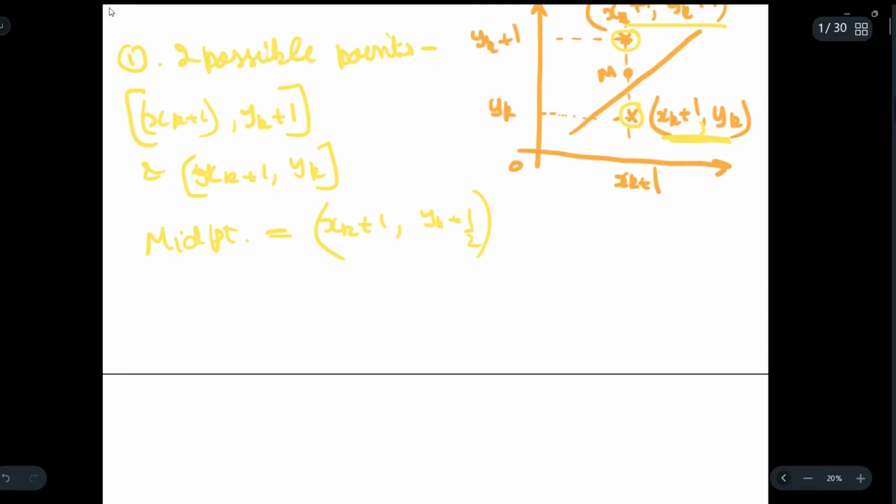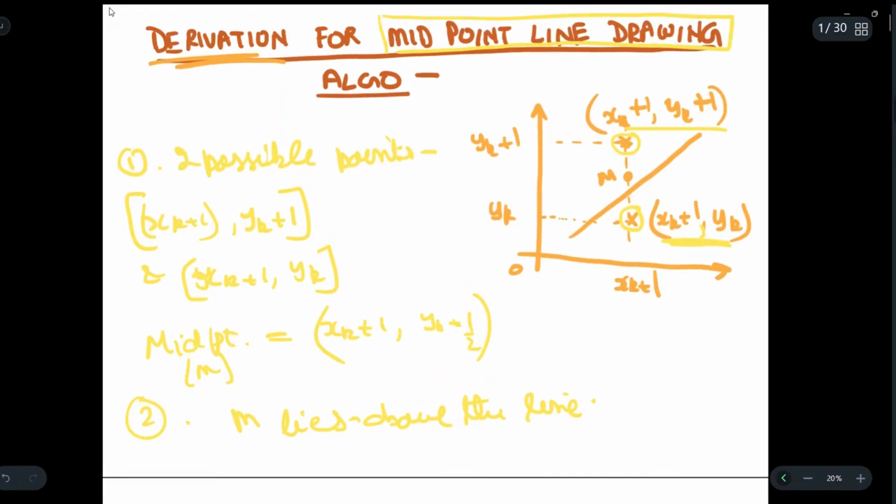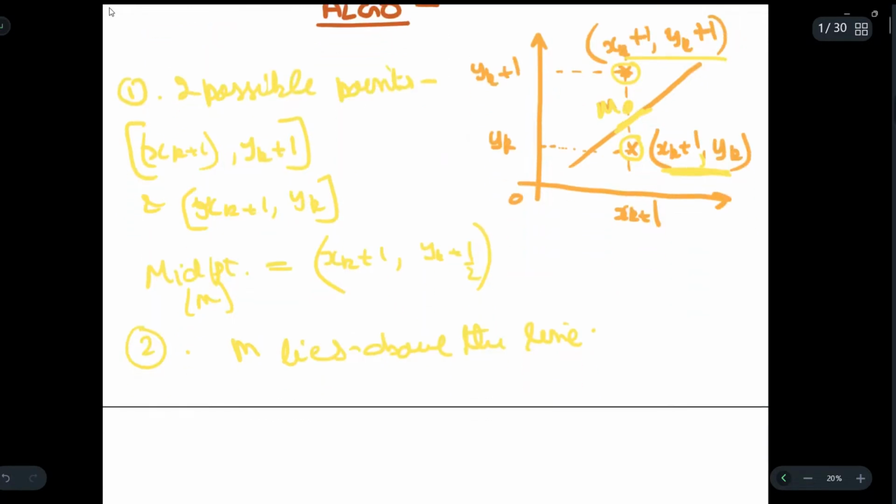Now the second step is, let us say this midpoint is m. If m lies above the line, what do we mean by this? Suppose this point m lies above the line, as is visible in this figure, then we will take the point xk plus 1 comma yk.